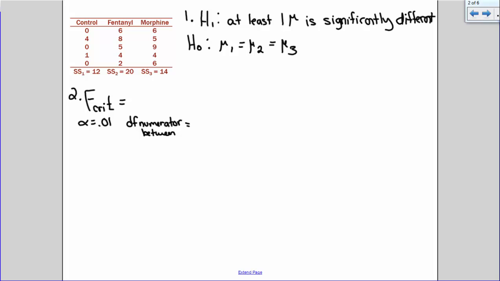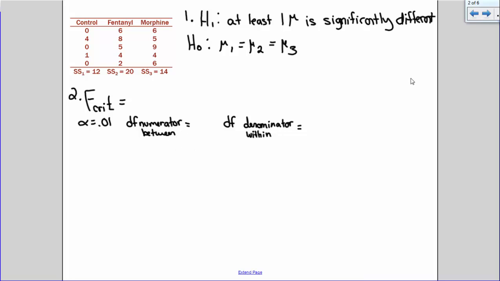We also need the degrees of freedom denominator, or in other words, the degrees of freedom within. The reason it says numerator and denominator in the F table and doesn't say between and within is because, as you'll see when we get to regression, there are different types of tests that use F, and it's not always looking at between versus within. So it keeps it as numerator versus denominator.